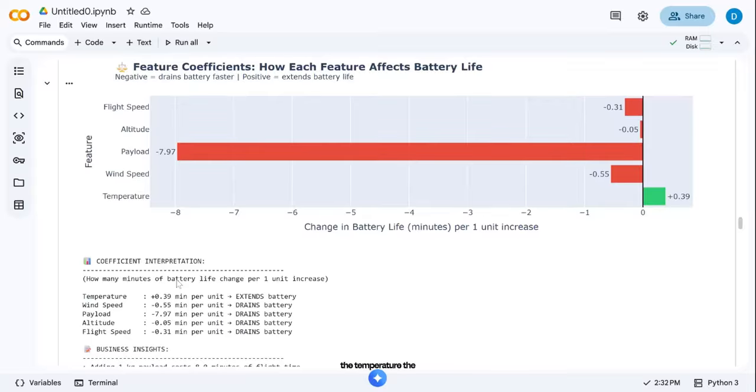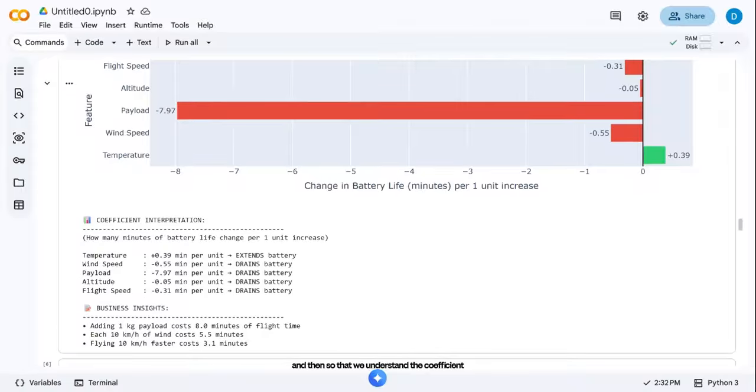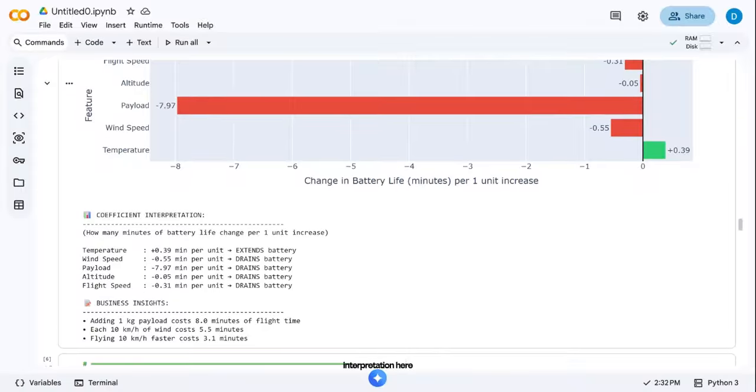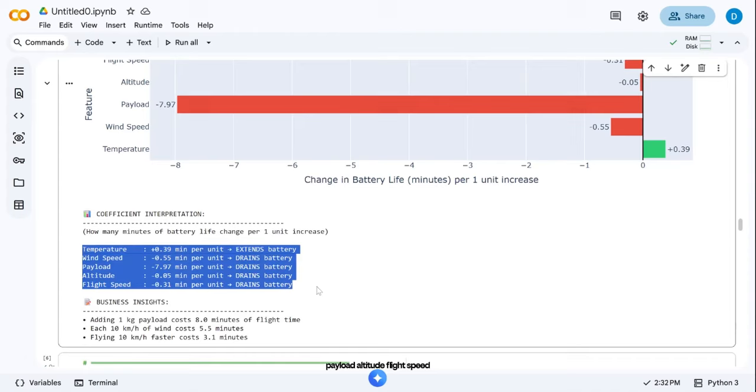For temperature, the warmer, the better, obviously. So that we understand the coefficient interpretation here: how many minutes of battery life change per 1 unit increase. So you can calculate based on temperature, wind speed, payload, altitude, and flight speed.